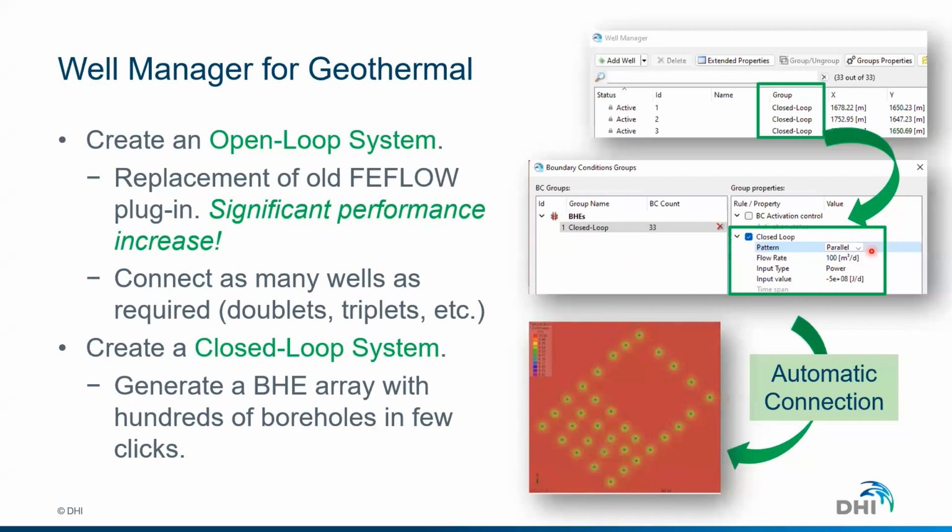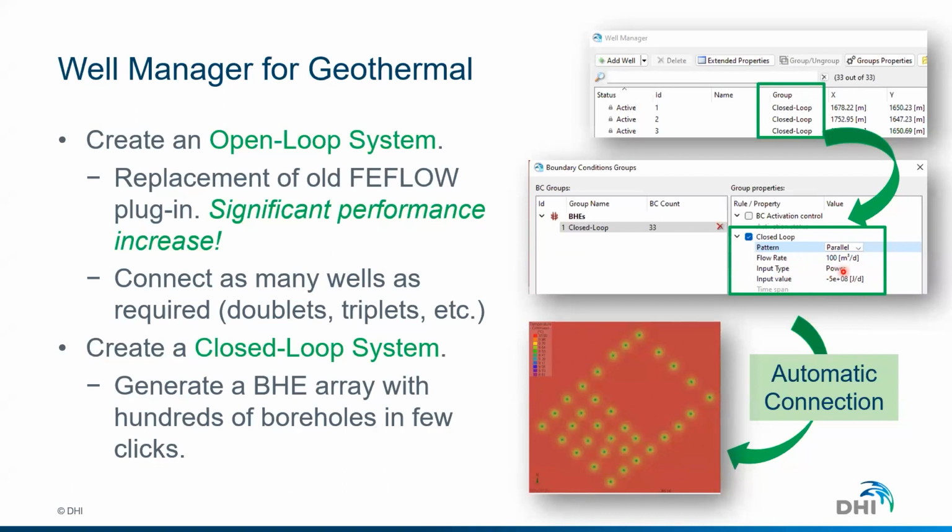You can define a pattern of the operation, which will be parallel, serial, or custom. Custom means that it's anything else besides parallel or serial. You provide a flow rate, the type of input for the energy, for the heat boundary condition, either a power, inlet temperature, heat input rate, or energy, and the value depending on the type of information.